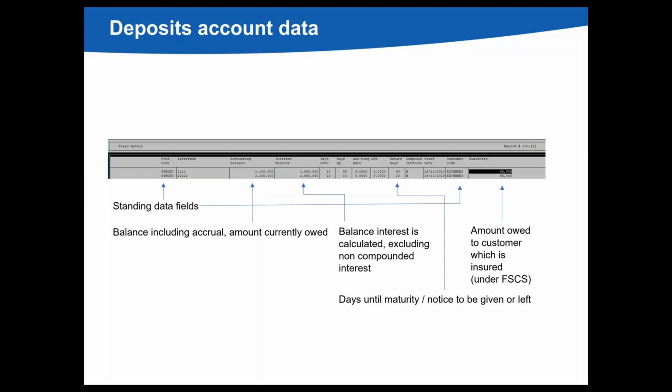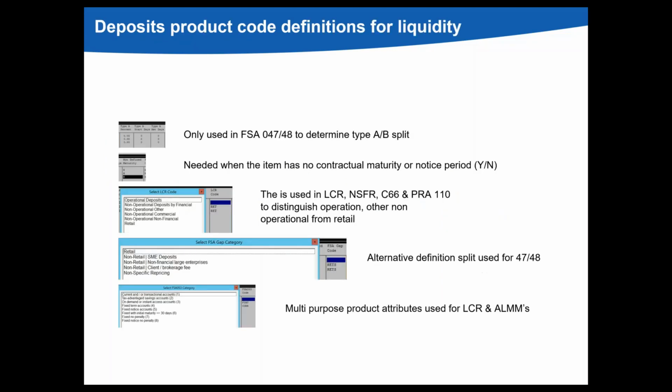I won't dwell too much on that. The key thing that we need to input there is a product definition. In terms of the product definitions that we've got, we are combining some of the codes there. Important fields are whether it's non-defined maturity.